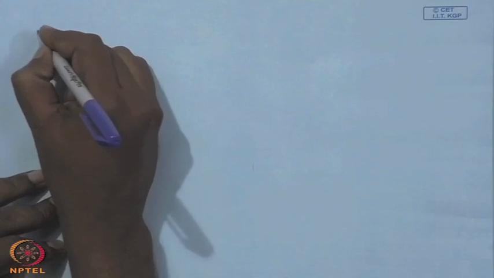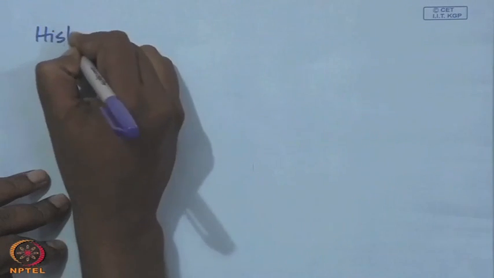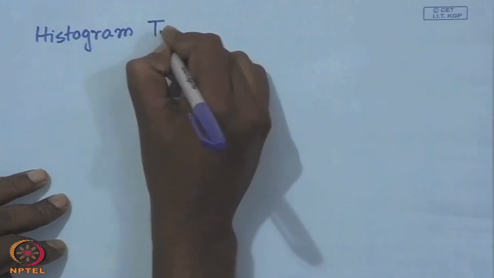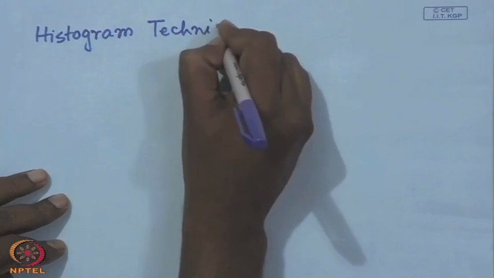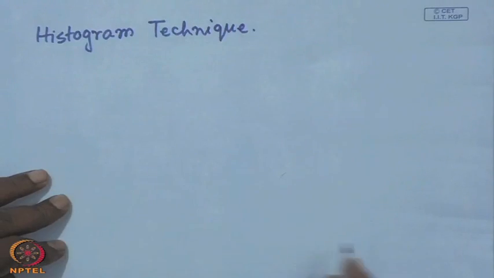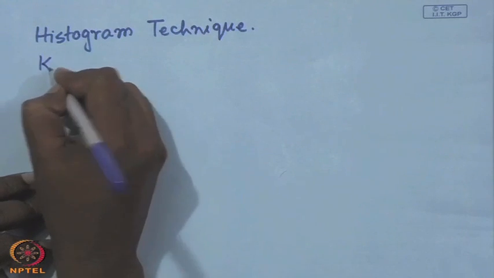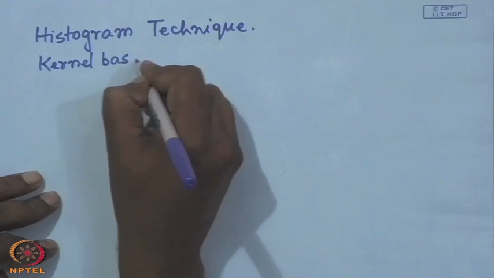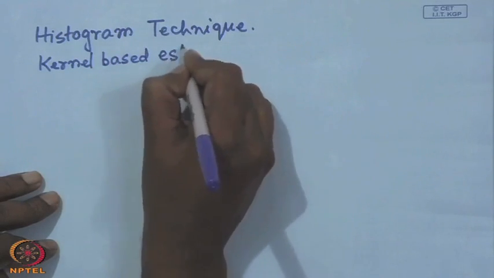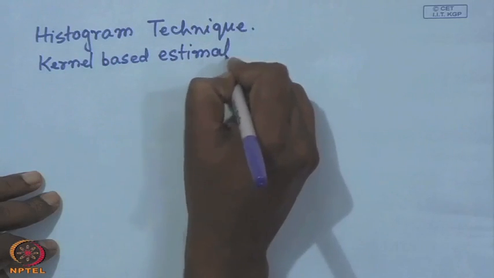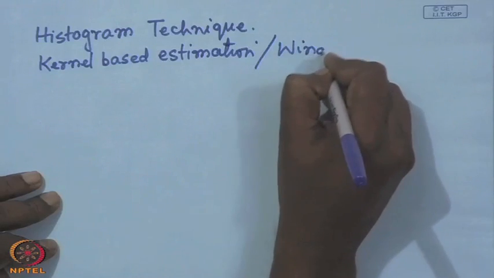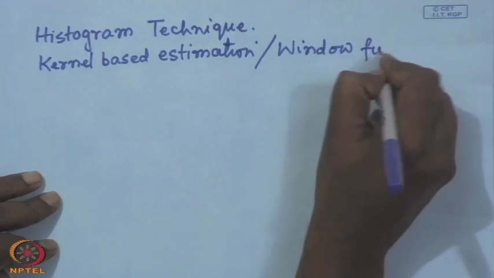One of them is called the histogram technique, and the other one is called kernel based estimation, or this is also called making use of a window function.